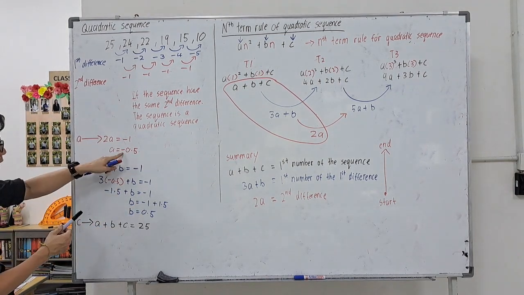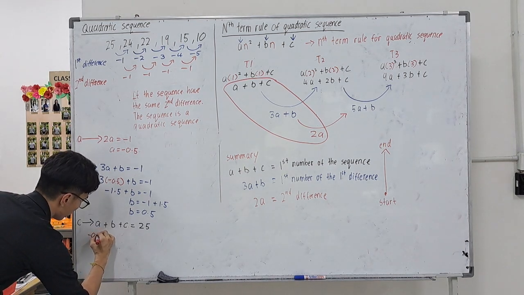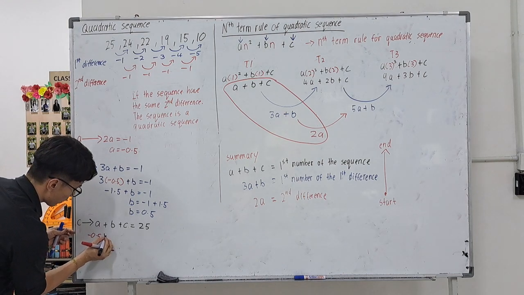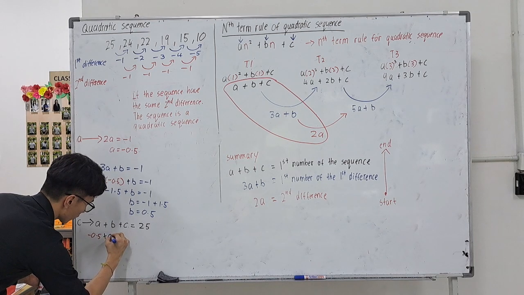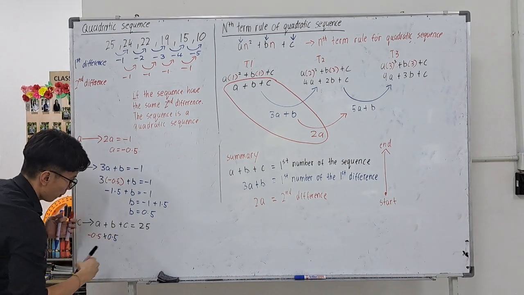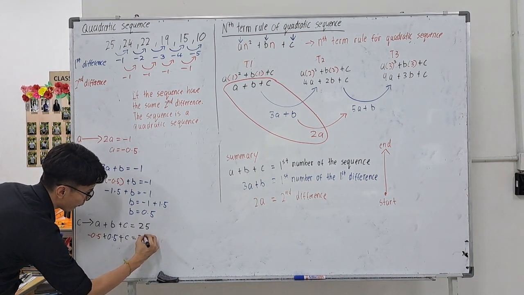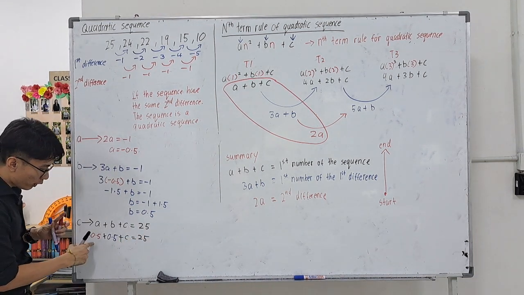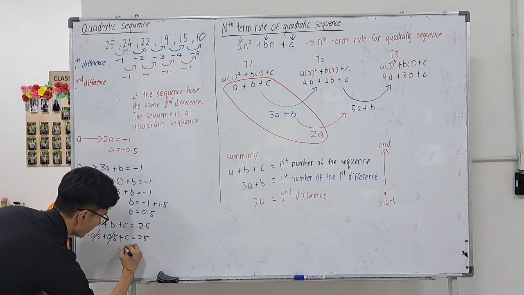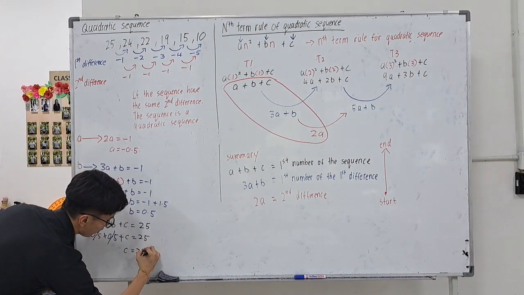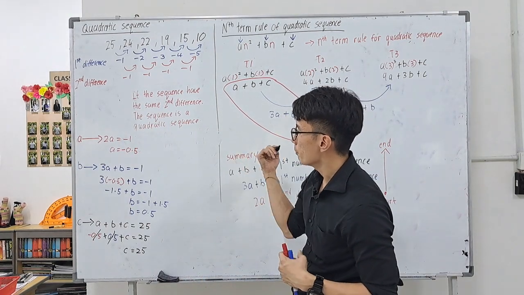So a is -0.5, plus my b, which is 0.5, plus my c, which is the unknown I'm interested to find, and that equals 25. Okay, if you notice, these two will cancel each other, right? So what's left is c equals 25. With that, we have already found our values of a, b, and c.